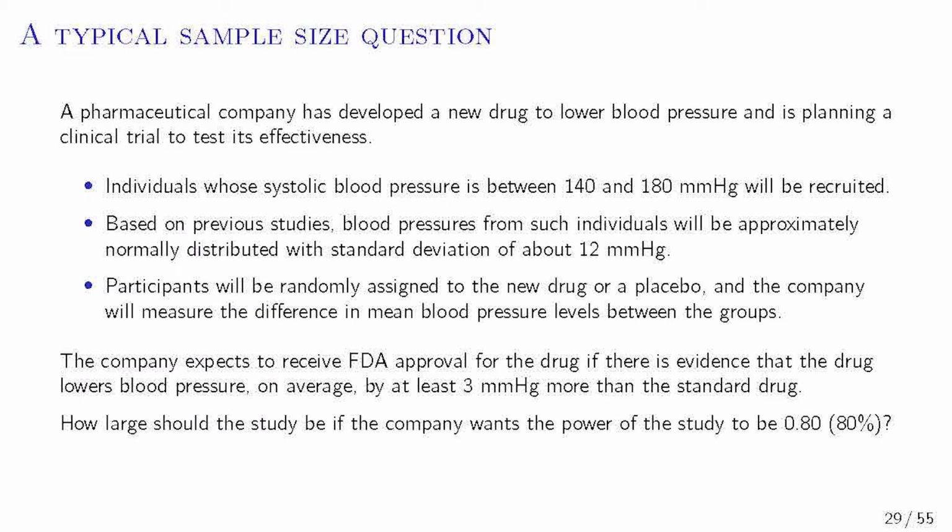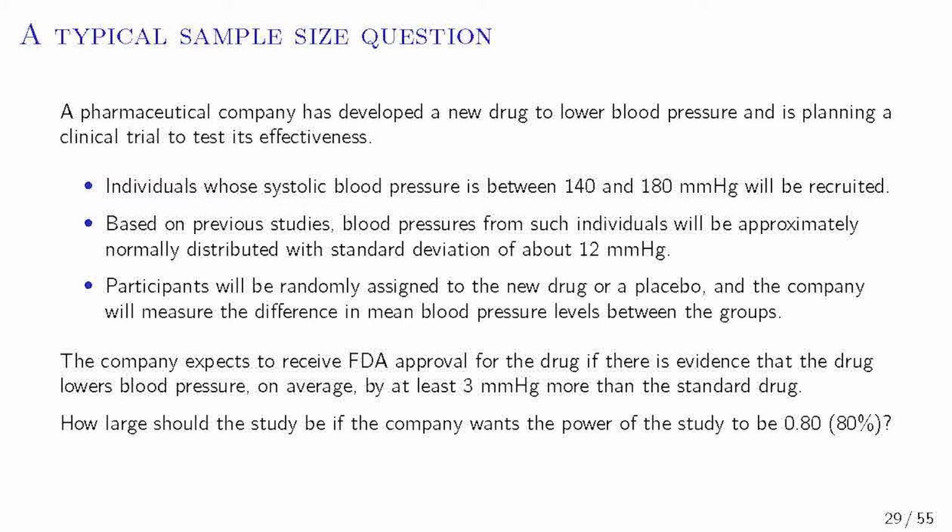A typical sample size question might be that a pharmaceutical company has developed a new drug to lower blood pressure and is planning a clinical trial to test its effectiveness. Individuals whose systolic blood pressure is between 140 and 180 will be recruited.